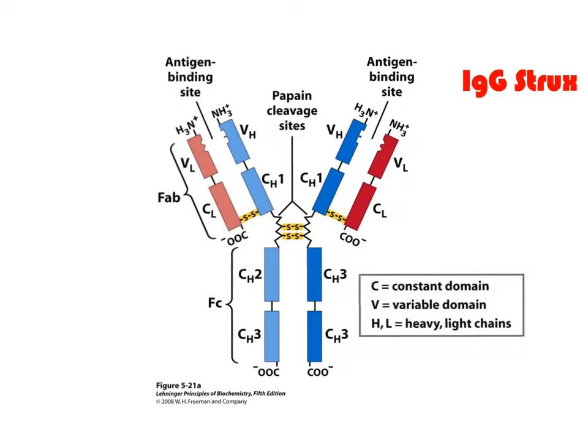The quote-unquote arms of the Y are where the antigen would be binding. And I don't think this chapter goes over how the antigen binding site is made.